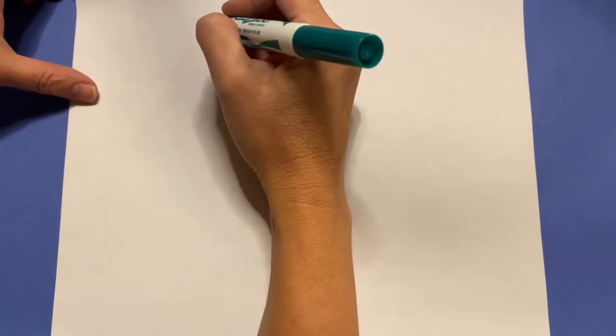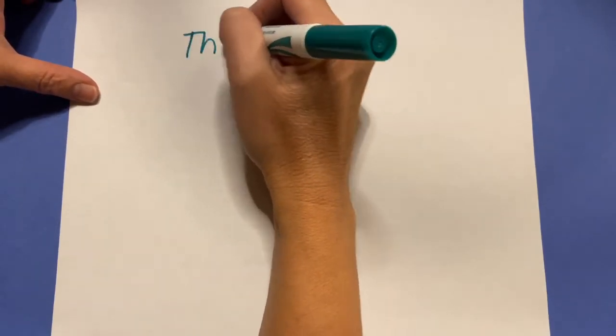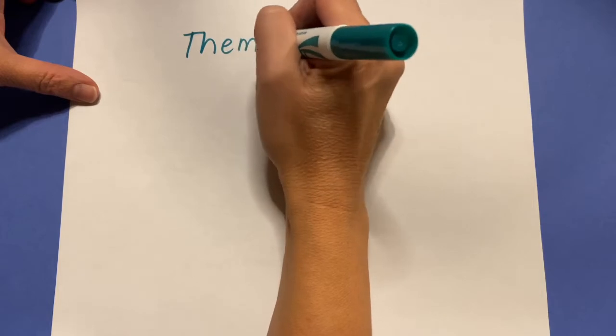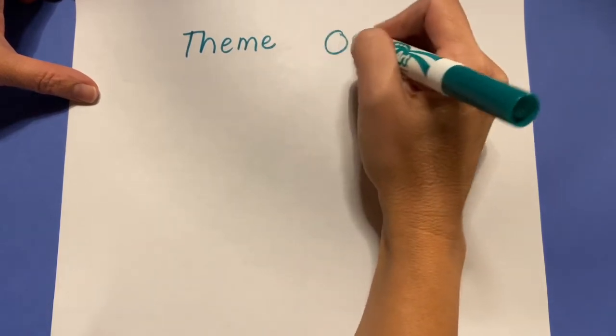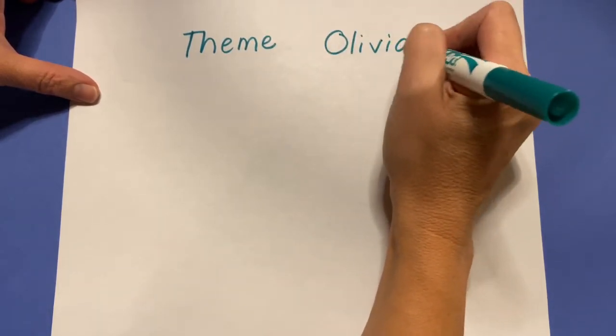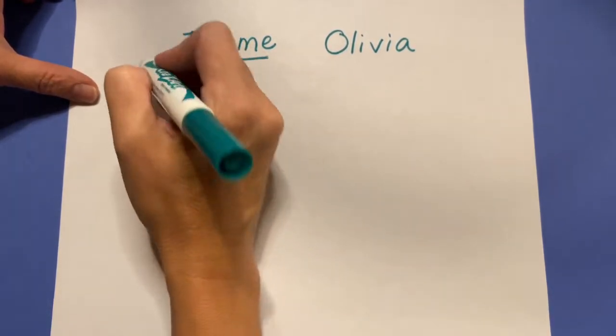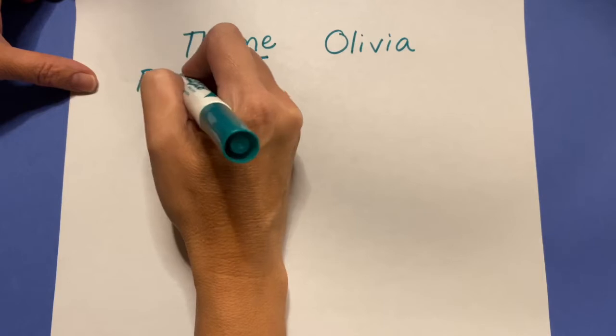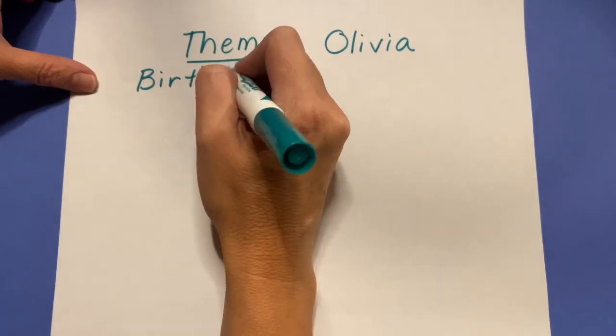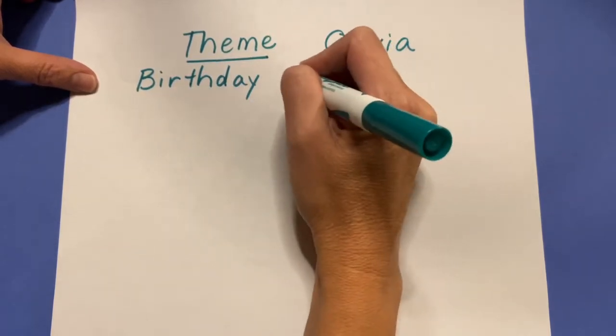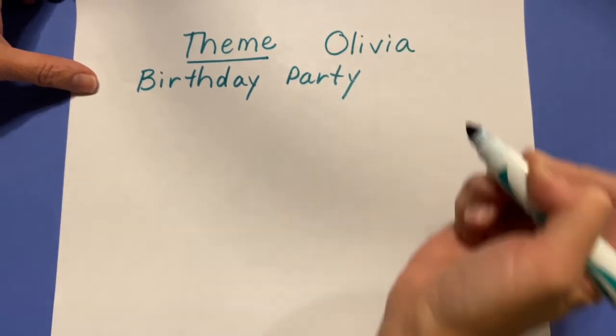So what I first want to do is think about my theme. I'm going to use my daughter's name, which is Olivia, to decorate today. She just had her birthday party, so I think having a birthday party as my theme will be a fun idea.